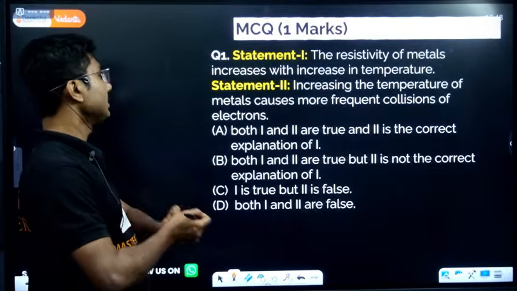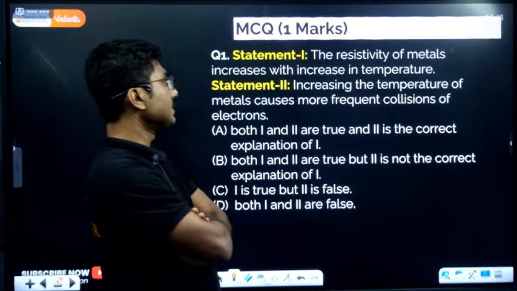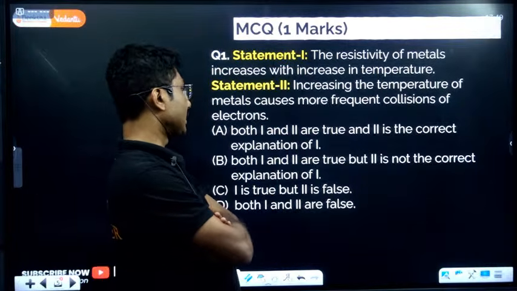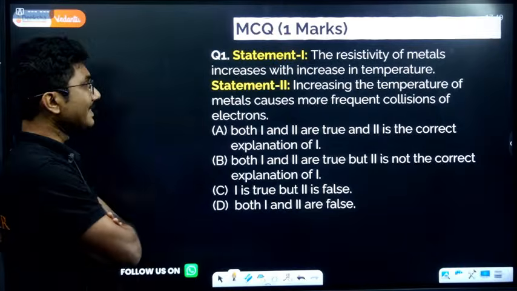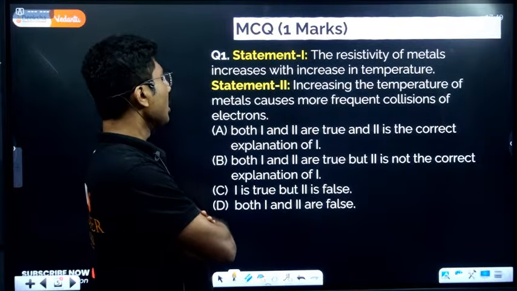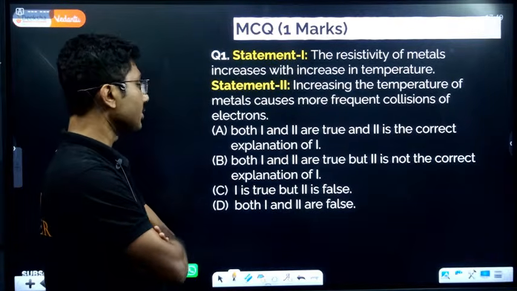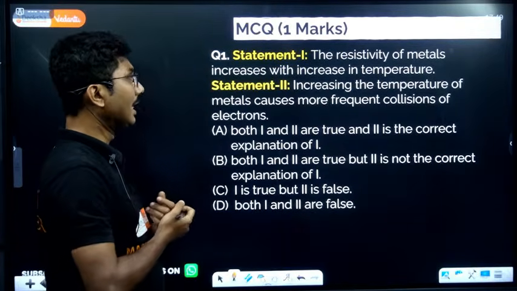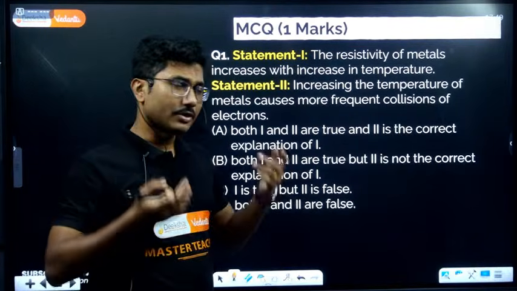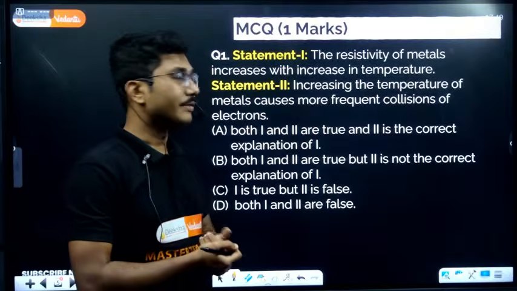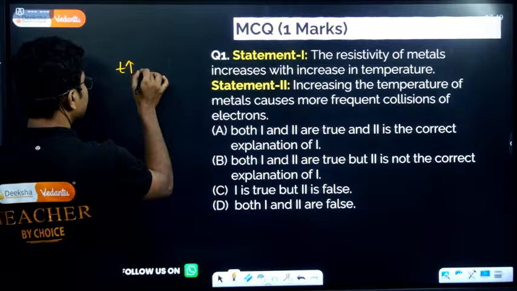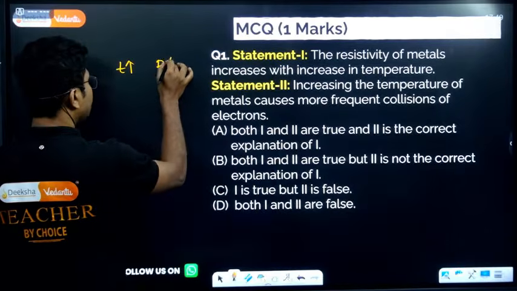Statement based questions. First, the resistivity of metals increases with increase in temperature. Statement number 2, increasing the temperature of metals causes more frequent collisions of electrons. So resistivity increases with increase in temperature. Obviously that is true. If you increase the temperature, the resistance also increases. Why does that happen?